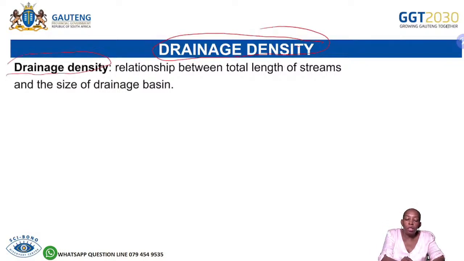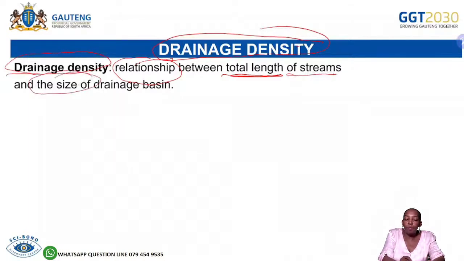So it is imperative that you are able to define what drainage density is. Drainage density is the relationship between the total length of the streams and the size of the drainage basin.